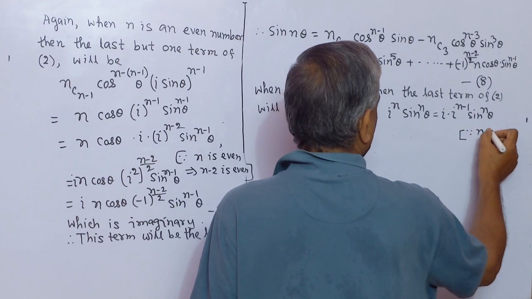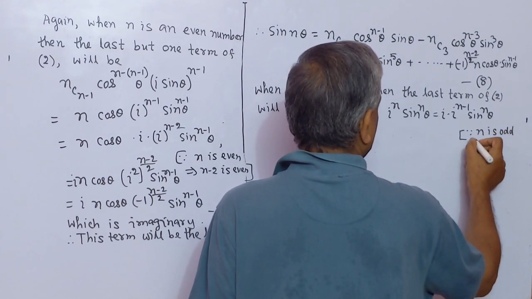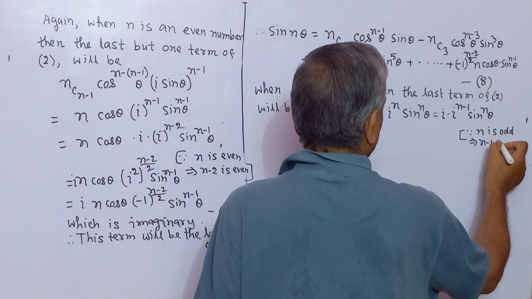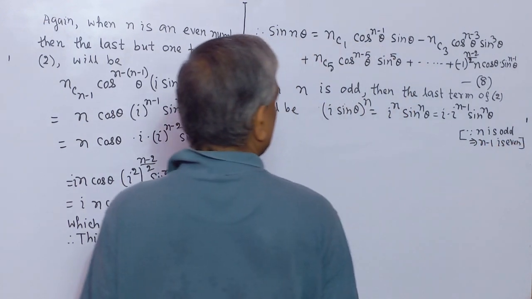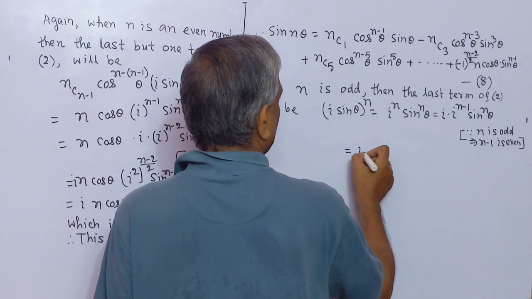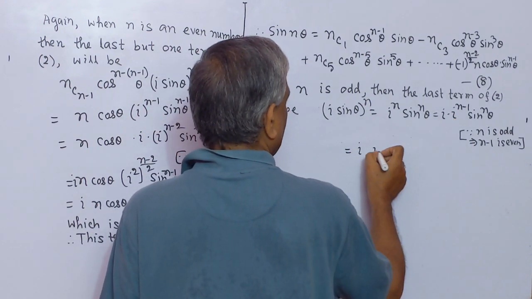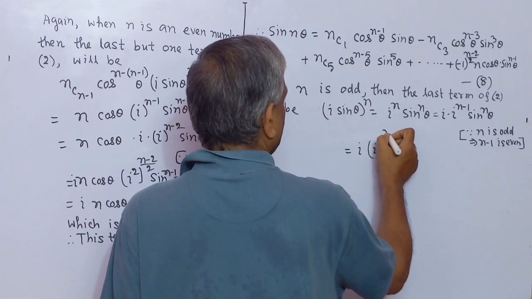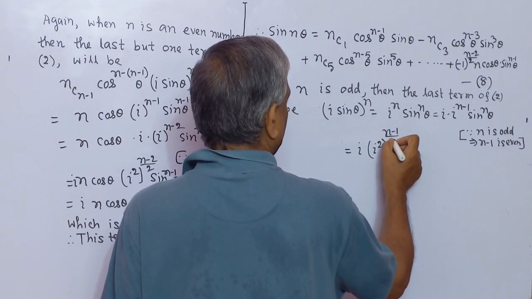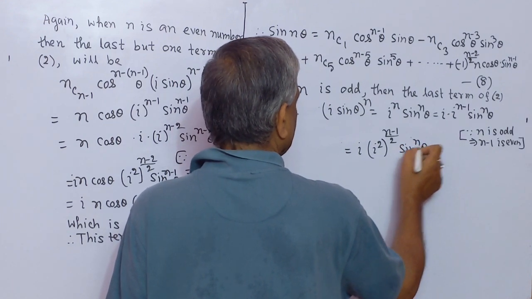Since n is odd, this implies that n minus 1 is even, and this will be equal to i to the power 2 raised to the power n minus 1 by 2 sin to the power n theta.